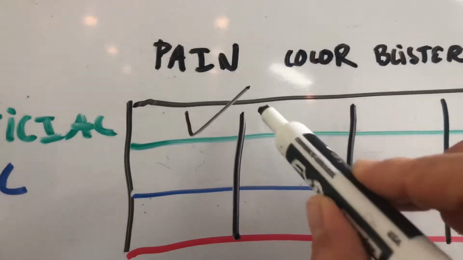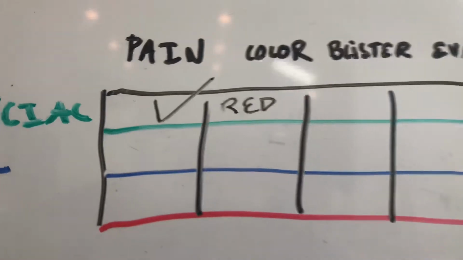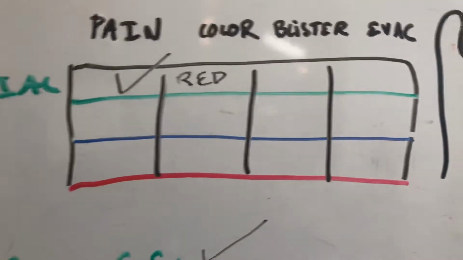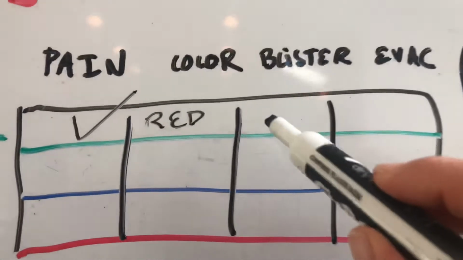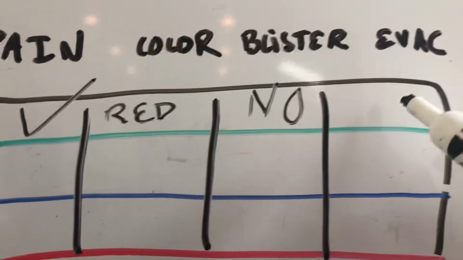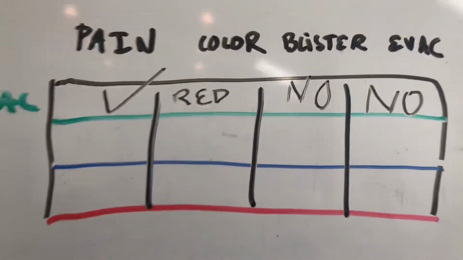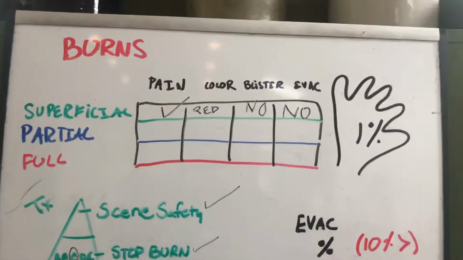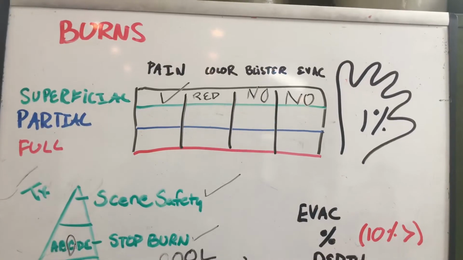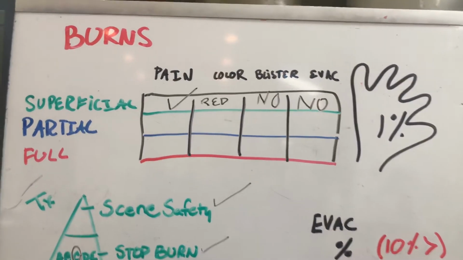What color is it? It is red. It is pink. Are there blisters? No. Just the superficial portion, there's no blisters. You don't need to evac. However, some people find having a superficial burn in the backcountry is not very comfortable and they want to leave. That'd be a non-medical evac.